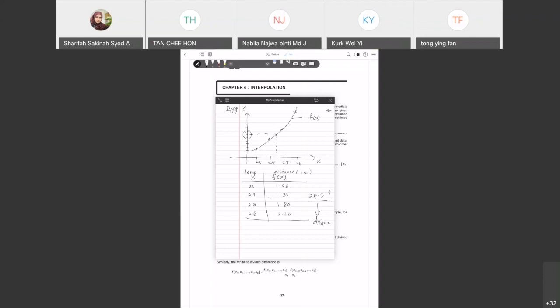For example, if I put the value of x to 24.5, I want to directly calculate the value of f(x). Or you may want to do a prediction: the data goes up to temperature 26, now I want to know when the temperature equals 30, what is it?